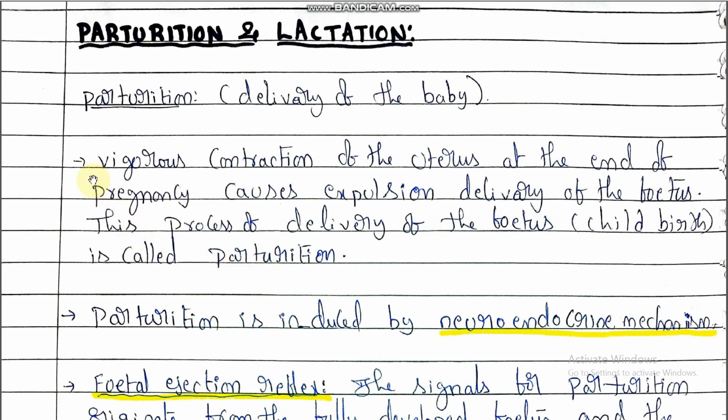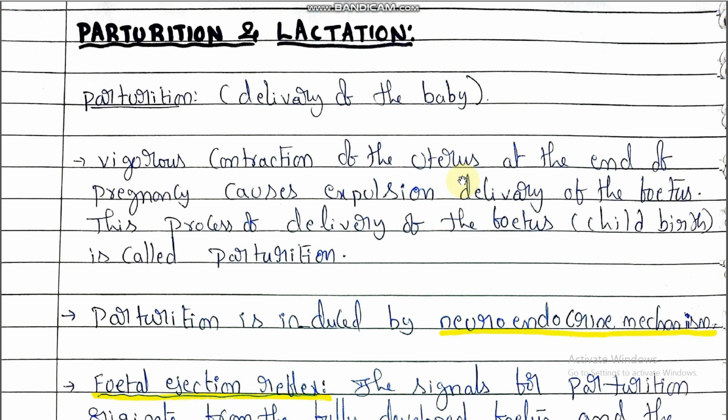Parturition takes place after the completion of the gestation period. By which process? Vigorous contraction of the uterus.